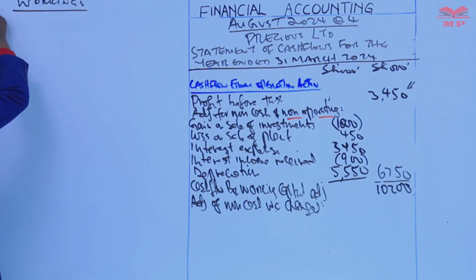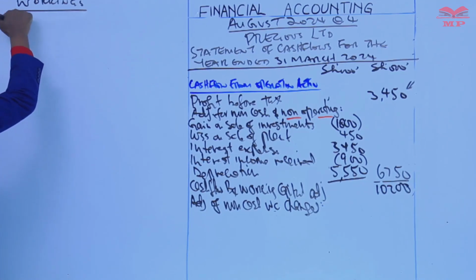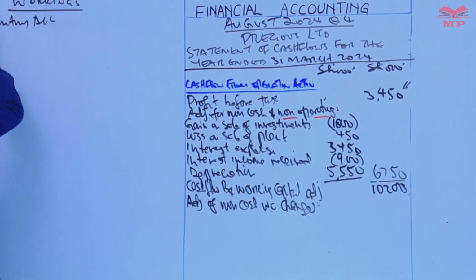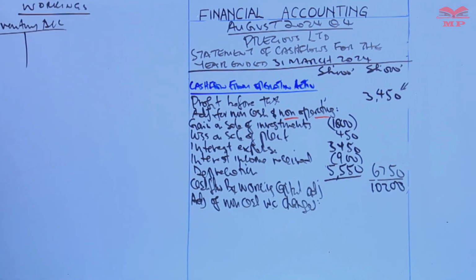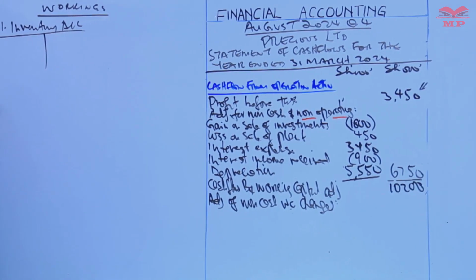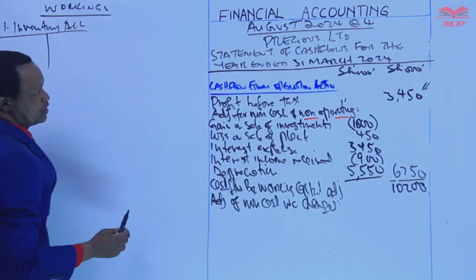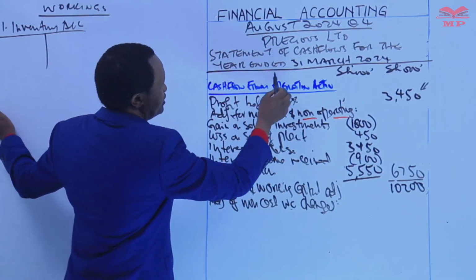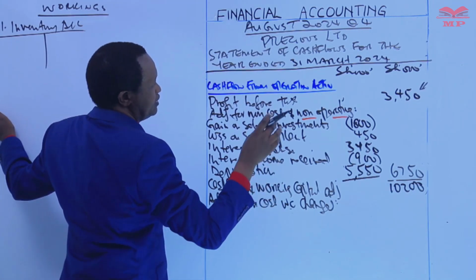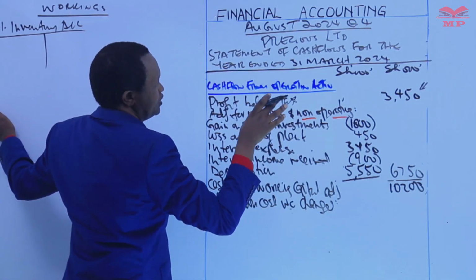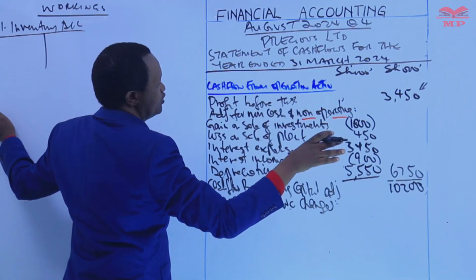We can have the inventory account. Now, we are preparing for candidates the statement of cash flows for the year ended 31st March 2024, and we are given the balance sheets for 2023 and 2024.